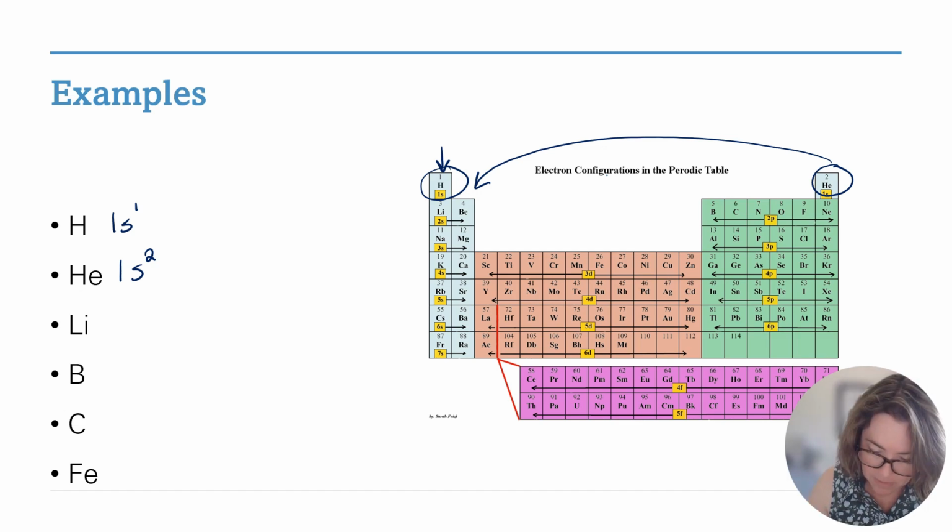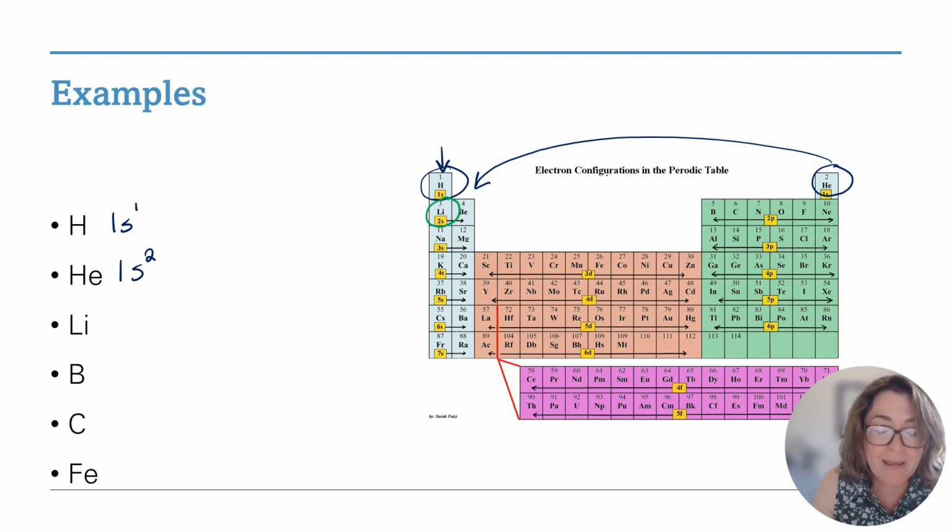If I come on down here to lithium, and this is kind of silly, but I really like looking at this literally like it's a game board. And I always have to start at the top, have to start at hydrogen. Hydrogen's my go. So when I get to the second energy level, I have to completely fill up the first energy level first before I can go ahead and get myself to the second energy level.